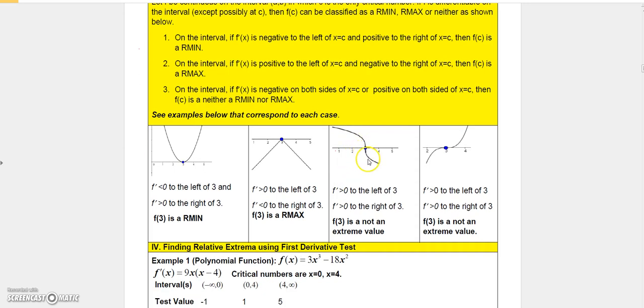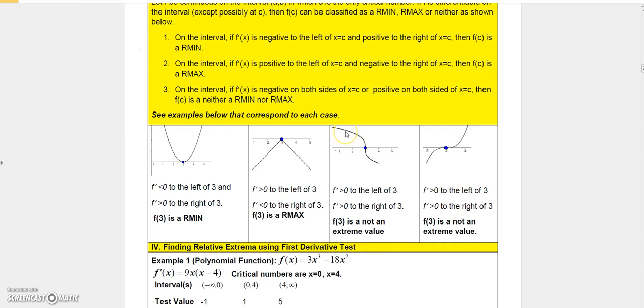Here you've got a critical number at 3 because at 3 you get a vertical tangent line. Notice to the left the function is decreasing, so the derivative is negative, and to the right of 3 the function continues to decrease, so it's also negative to the right of 3.